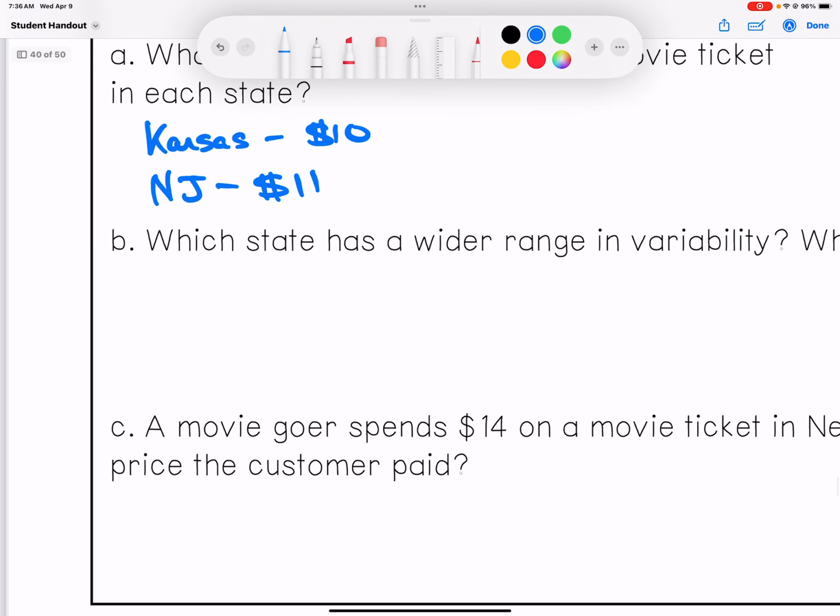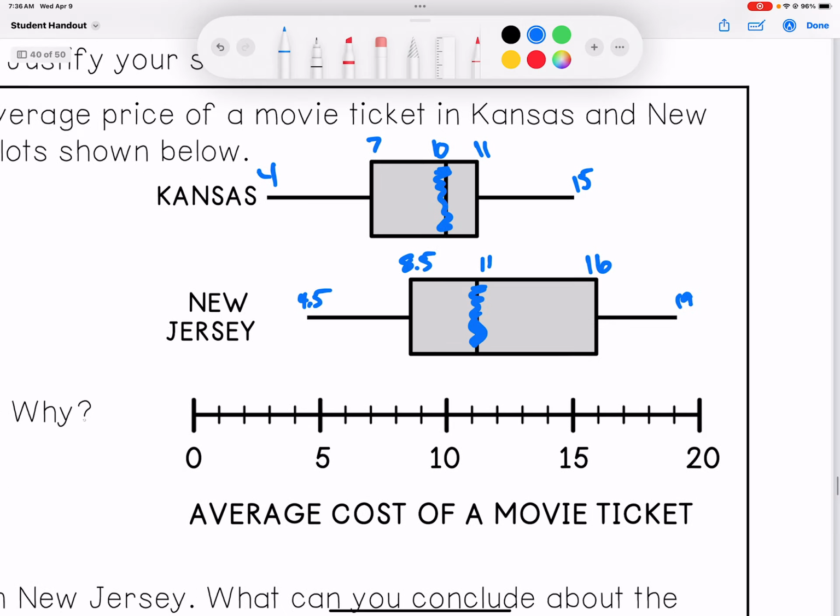Which state has a wider range of variability? Well, if we look at them, which one has a wider range? It's pretty easy to see, right? New Jersey.